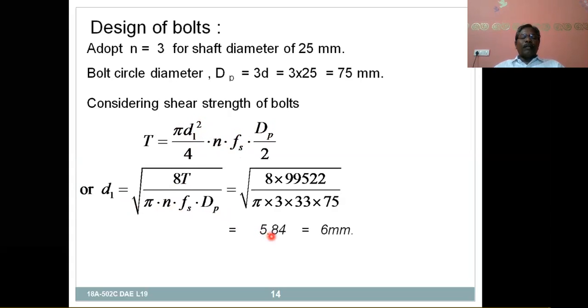d1 is equal to 8T by π n fs dp. Thereby d1 is equal to 5.84, which is to be rounded off to the next higher value, 6. So bolt diameter d1 is equal to 6.